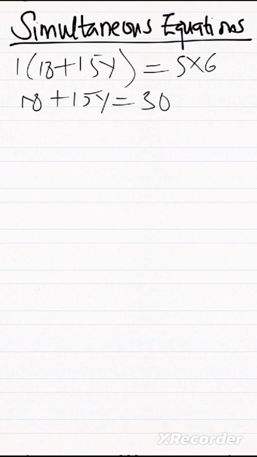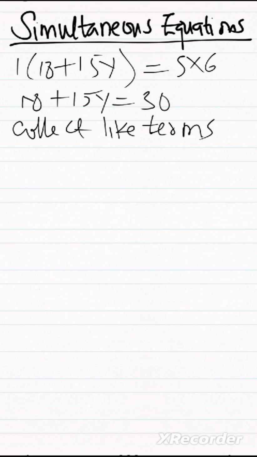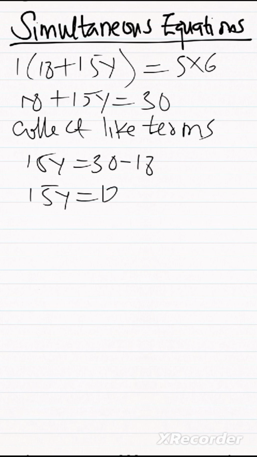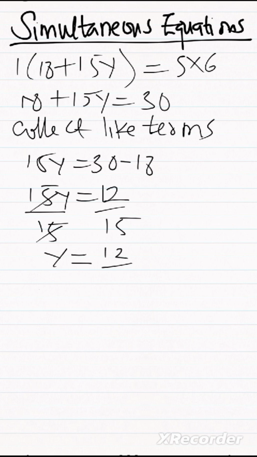So at this point, we'll have to collect like terms. So by collecting like terms, we'll have 15y equals 30 minus 18. So we'll have 15y equals 12. At this stage, we'll have to divide both sides by 15. So 15 will cancel 15, and y will be equal to 12 over 15.